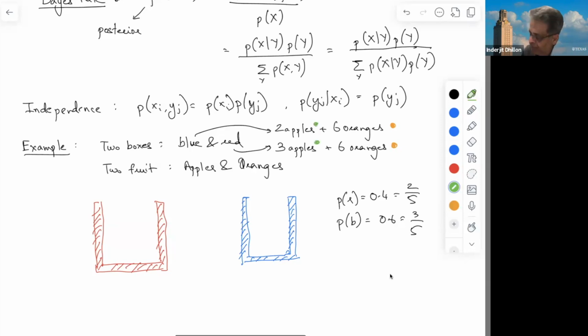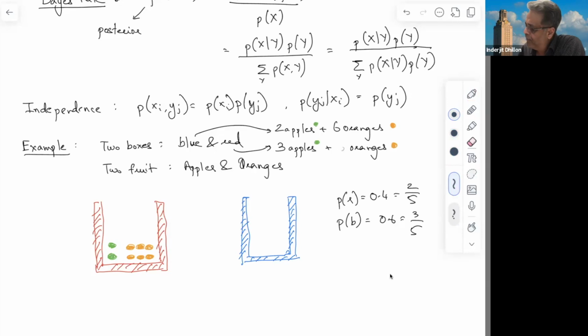So just to draw it, we have two apples over here, and then we have 6 oranges. And then the other one, actually in my notes, I don't want to change things too much from my notes.